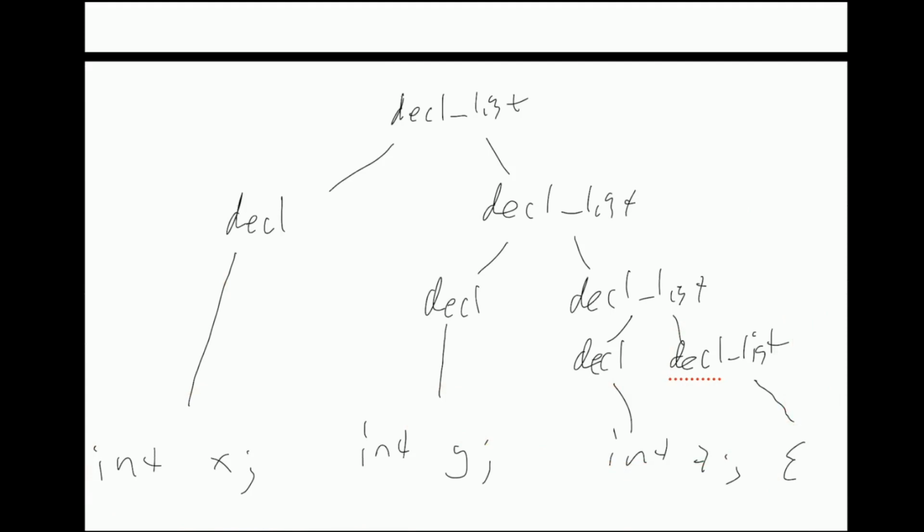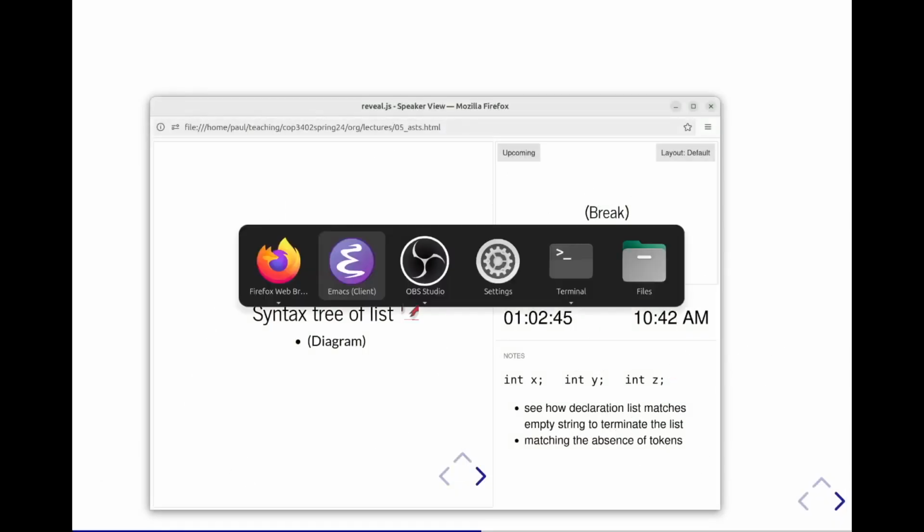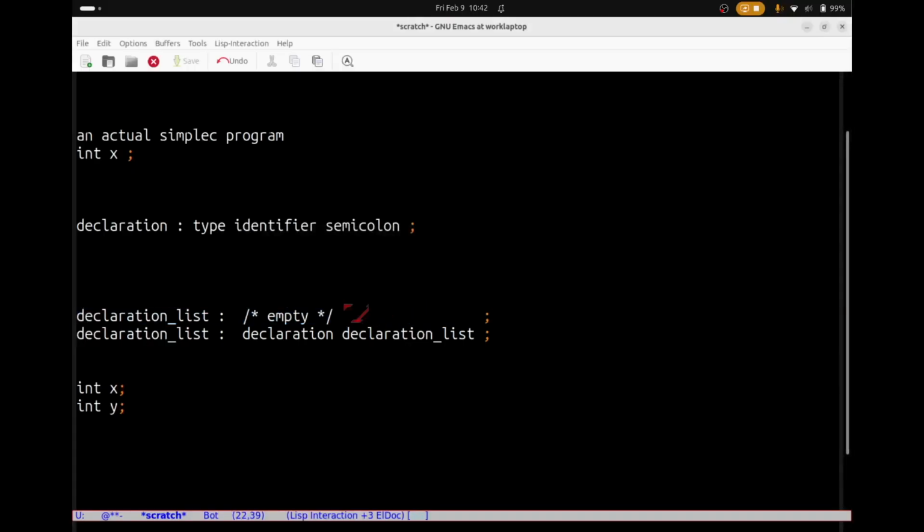Yeah? Does it not need to contain anything to the left of the last declaration list here? Well, no, at least according to our own specification, we just made one of the alternatives declaration followed by declaration list. The other one was just empty.